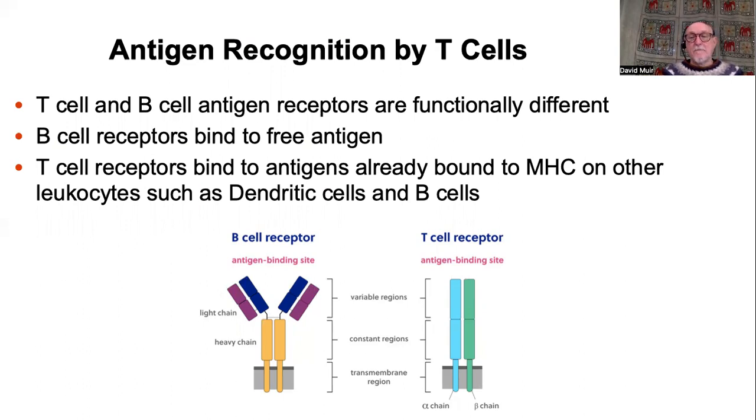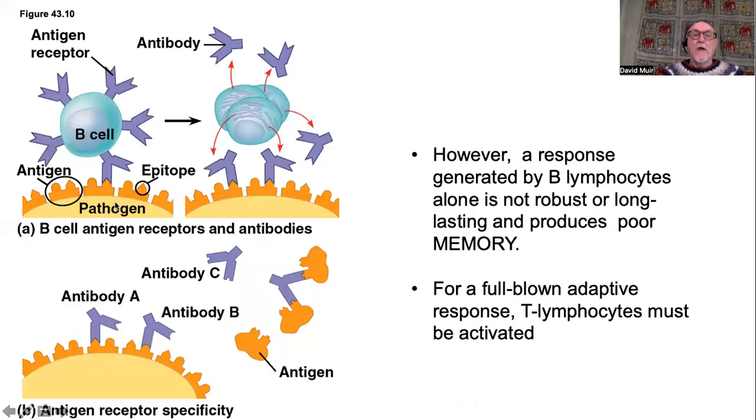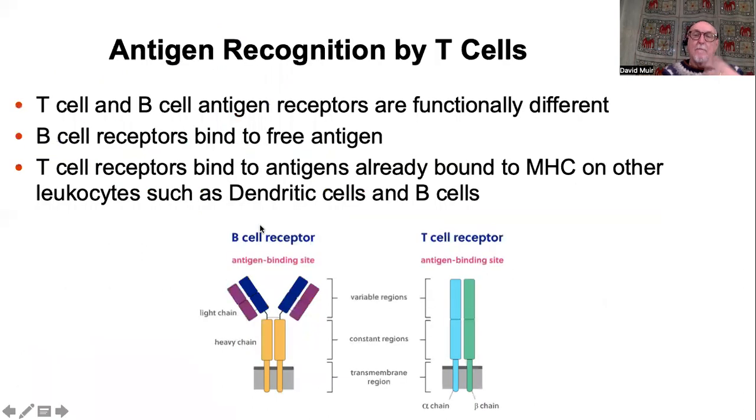The other major difference between the two, and one that you must remember, is that B cell receptors, as we saw here, are able to bind to free antigen. They can bind to antigen which is just floating in the lymph tissues, the lymph fluids. But T cells are not able to.